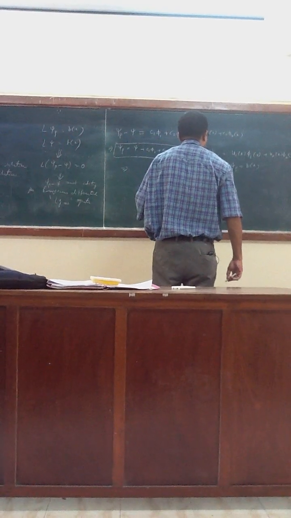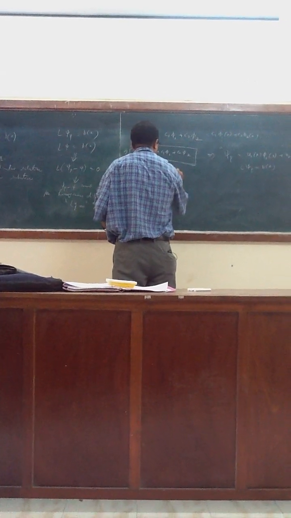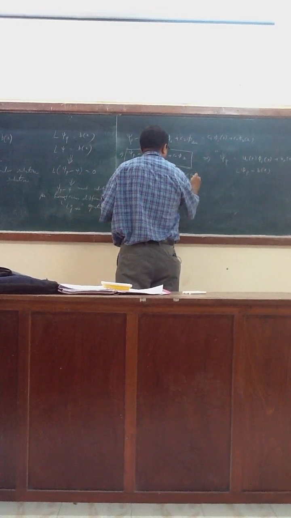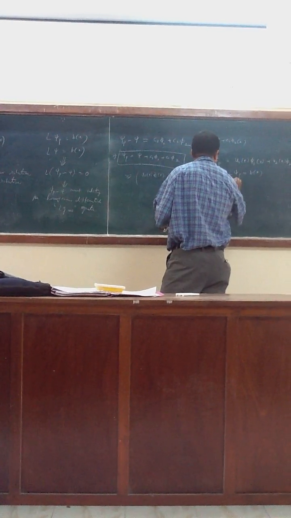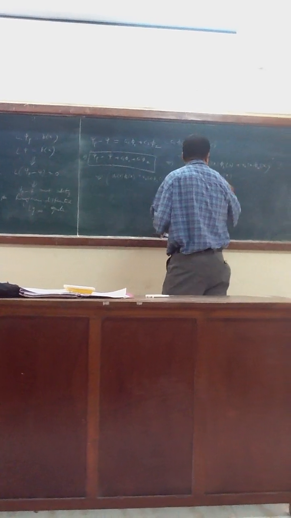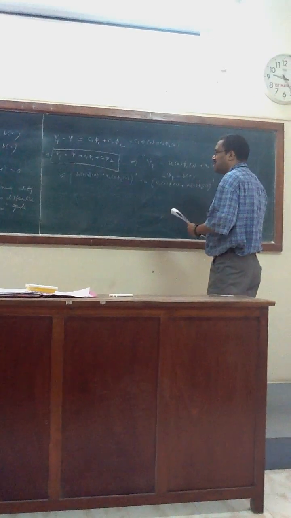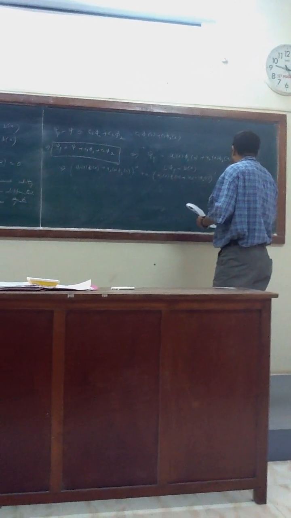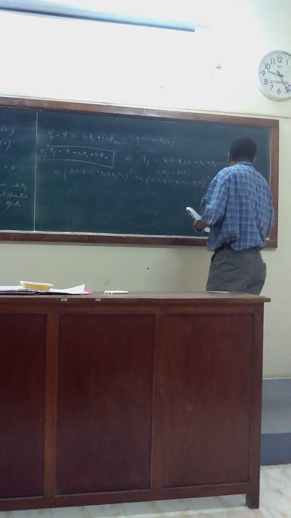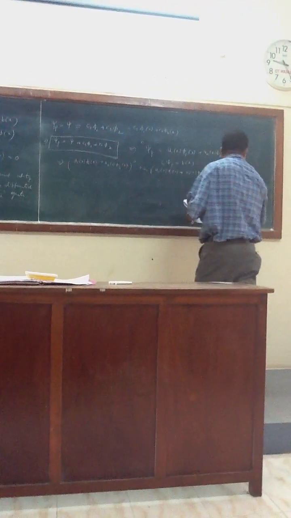Psi p we have defined as u1(x) phi 1(x) plus u2(x) phi 2(x), double prime, plus a1 times u1(x) phi 1(x) plus u2(x) phi 2(x), plus a2 times u1(x) phi 1(x) plus u2(x) phi 2(x), equals Bx.